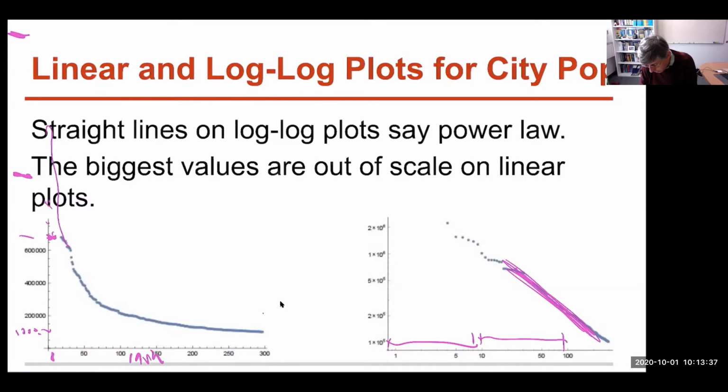The slope of that straight line defines the minus a. Remember I said it was something like x to the minus a? A is kind of the slope of this line. The way to think about what a power law is: when you plot the variables on a log-log plot, you should see a straight line.